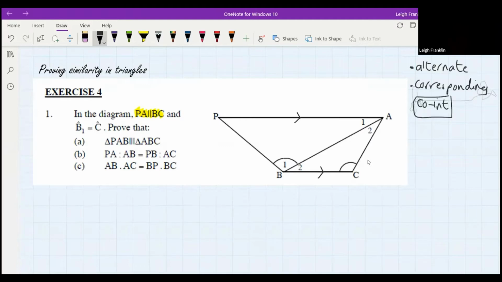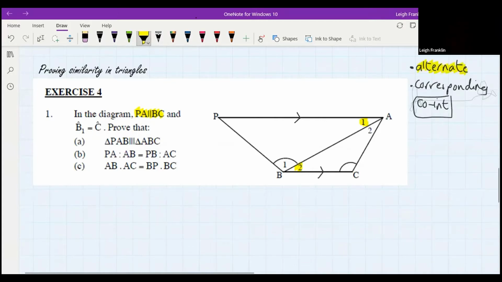So I've drawn arrows on the lines that they told me are parallel. And now I can see I've got a diagonal here. So straight away, Matrix, look at this. This angle over here and that angle over there, they are alternate angles. All right, so that means that they will be equal to one another.